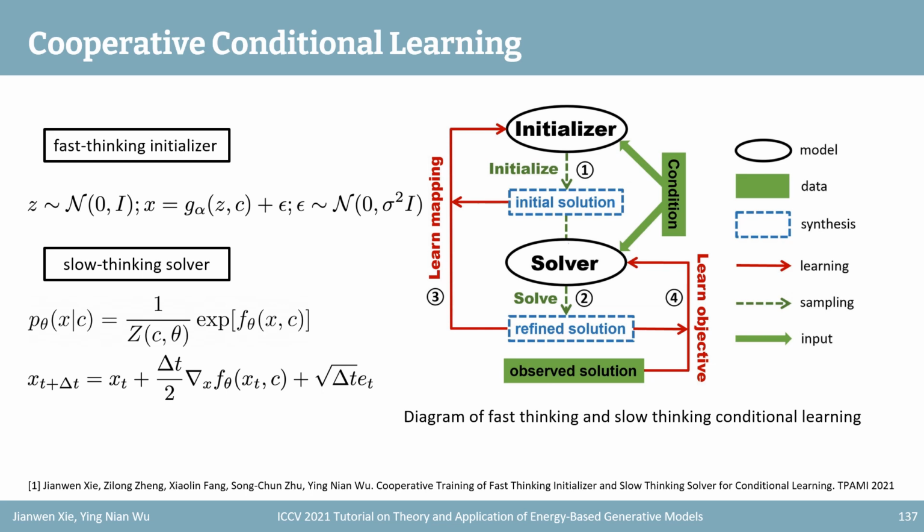We call the conditional generator the fast-thinking initializer, and the conditional energy-based model the slow-thinking solver. The solver learns from the difference between the refined solution and the observed solution, while the initializer learns from the difference between the initial solution and the refined solution.